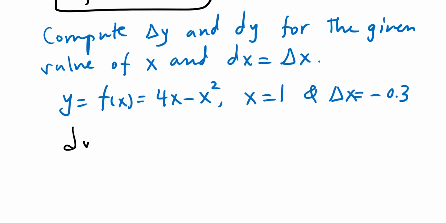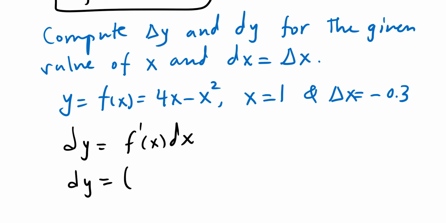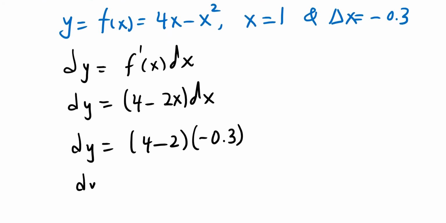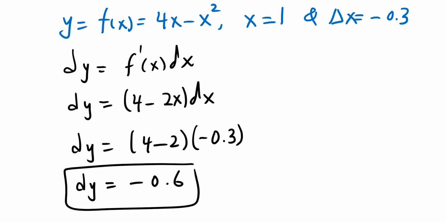Again, I need to find dy. dy is f prime of x dx. dy equals the derivative of the function, 4 minus 2x, times dx. At x equals 1, that becomes 4 minus 2, and dx is delta x, which is negative 0.3. Calculating this, 2 times that is negative 0.6. I got dy.